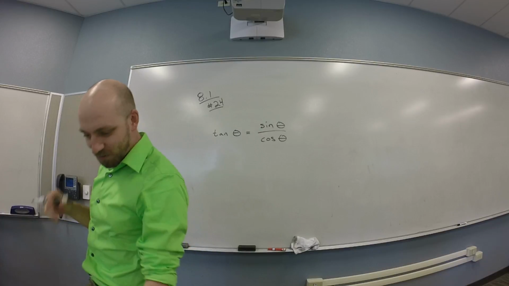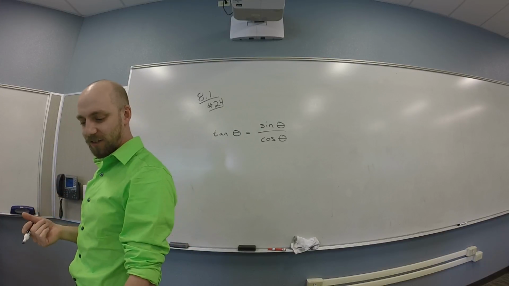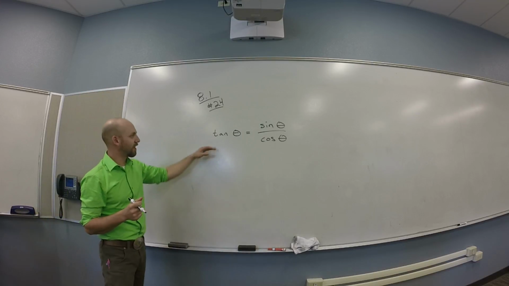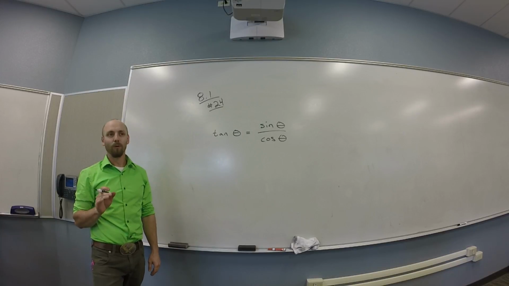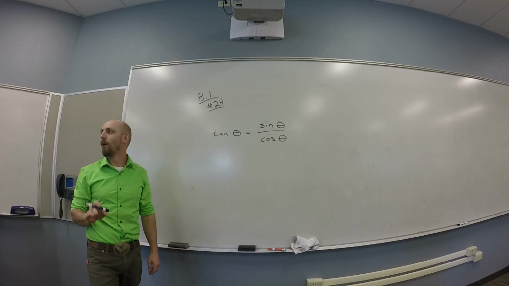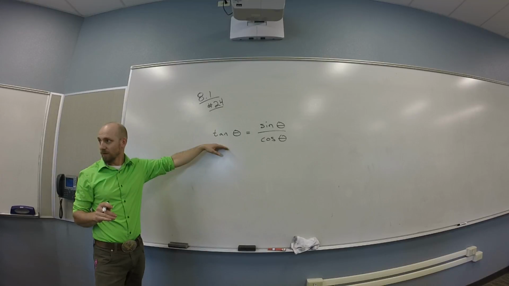So what they say is, using the definition of trig functions in terms of the lengths of the sides of a right triangle, explain why tangent of theta is sine of theta over cosine of theta, right? What they really mean by that is, think about SOHCAHTOA and show us that this is true. You guys all see that?